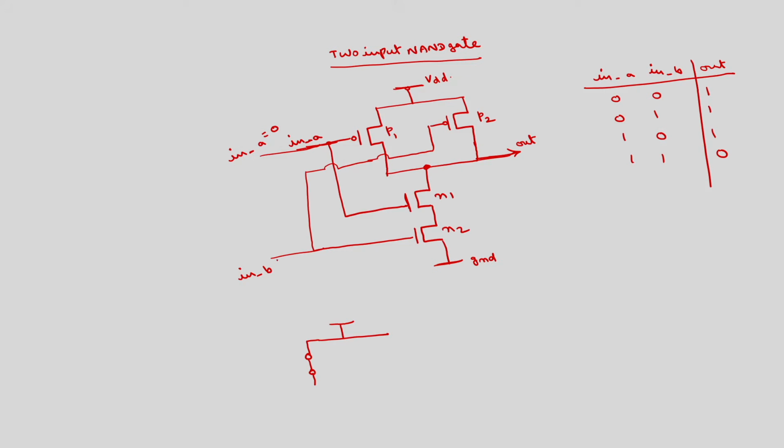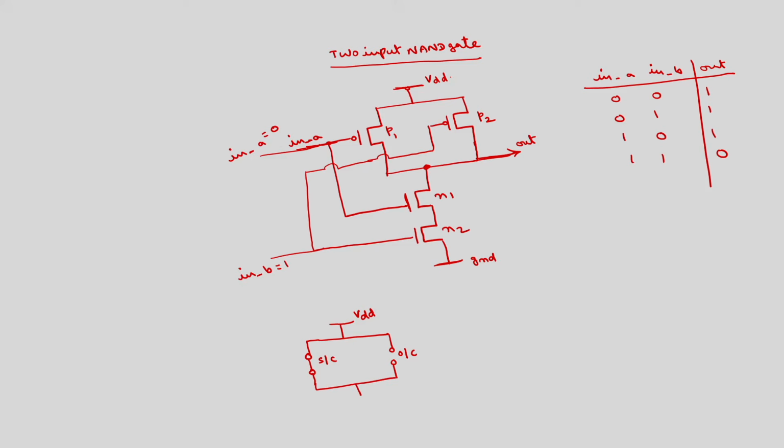In B, for example, is 1, it can be 0 also. So this will be open circuit, this will be off. I am drawing open circuit, this is short circuit, this is the ideal case. I will discuss the practical case later. This is VDD.